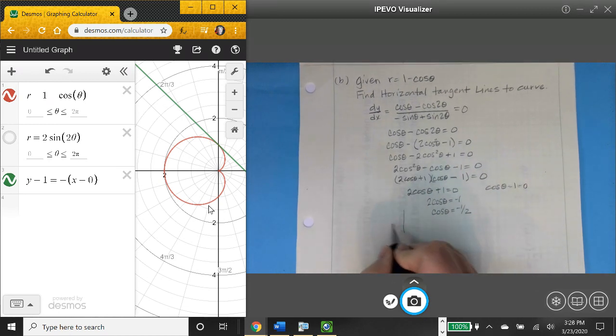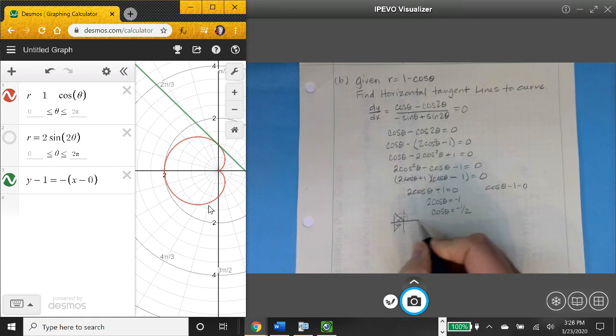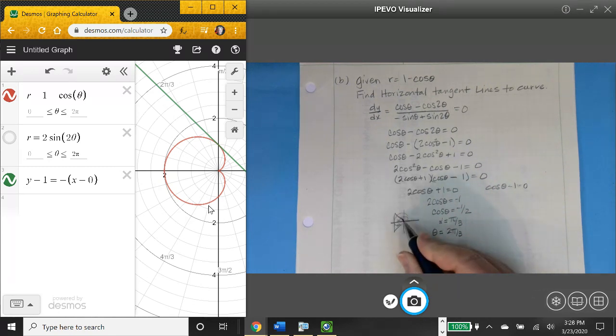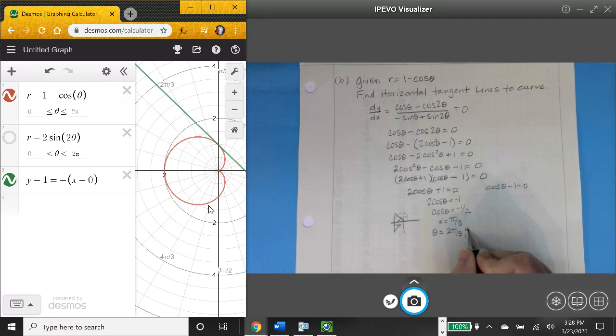In what quadrants is the cosine negative? Well, it happens to be quadrants 2 and 3. And what's alpha? Yes, alpha is pi over 3. So my thetas are going to be theta equals 2 pi over 3, because that's a pi over 3 angle in quadrant 2, and then 4 pi over 3, which would be the pi over 3 angle in quadrant 3.